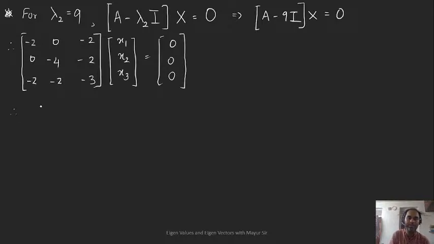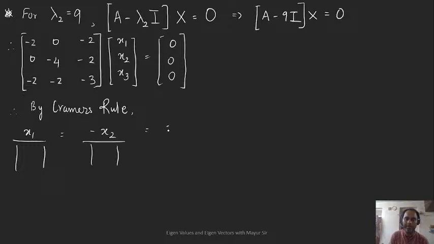Now we calculate the eigenvector by Cramer's rule. By Cramer's rule, what do we get? We get x1, here minus x2, x3.